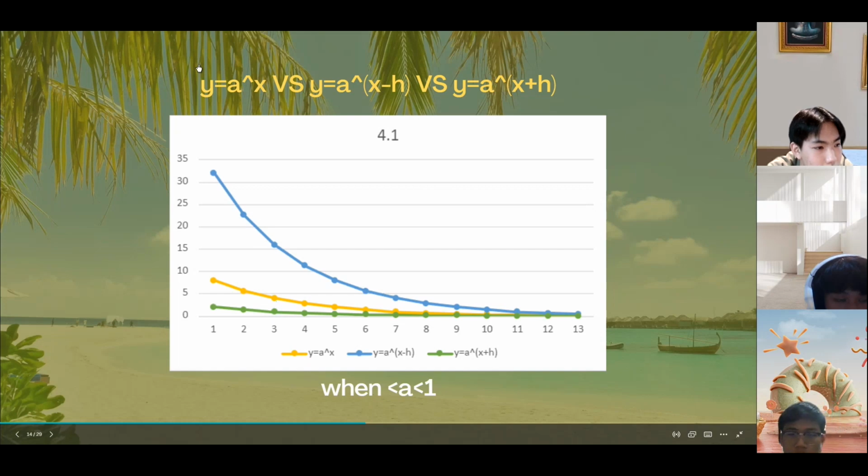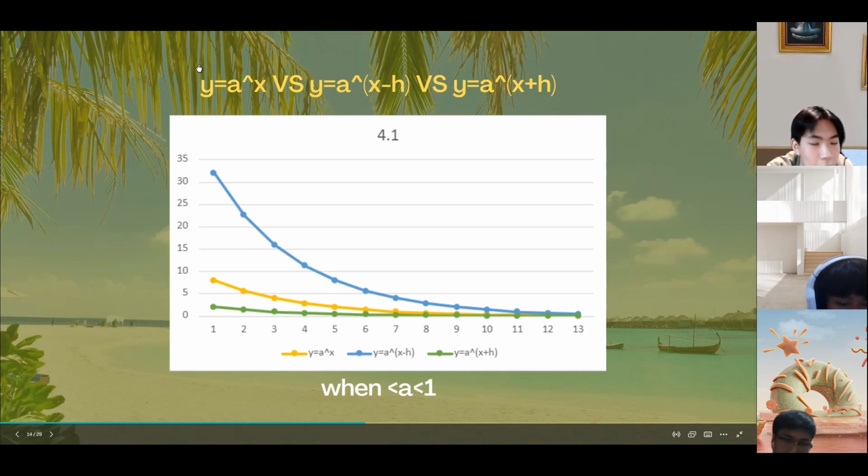When we determine that a is more than 0 but less than 1, we can see the difference between the graphs: the yellow graph, the graph y equals a times x minus h, which is the blue one, and the graph y equals a times x plus h, which is the green one.